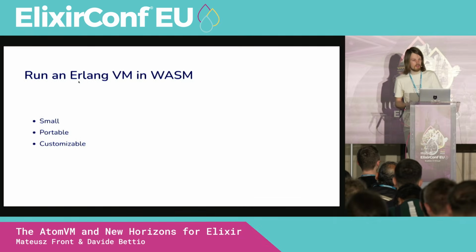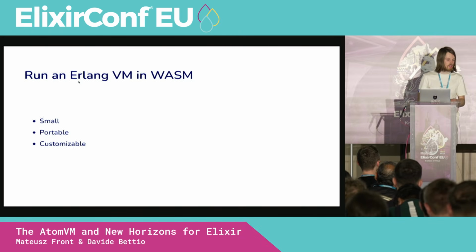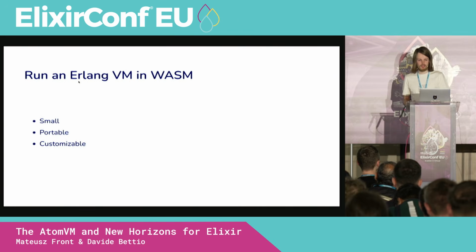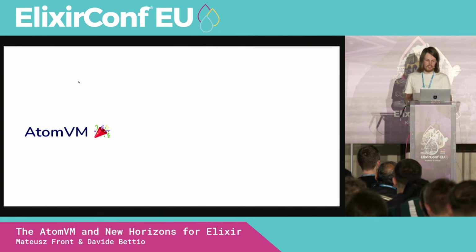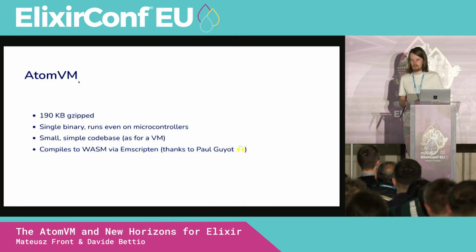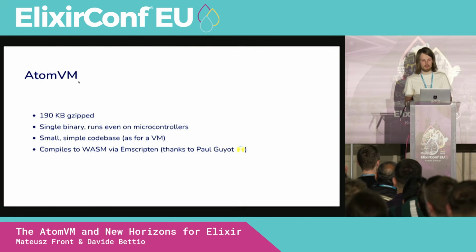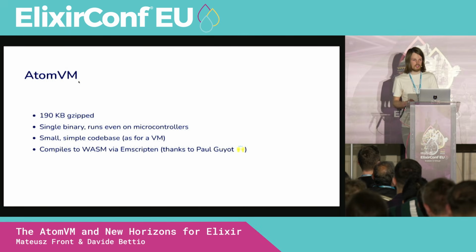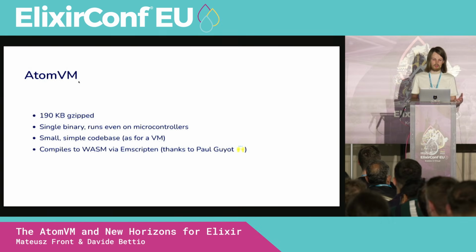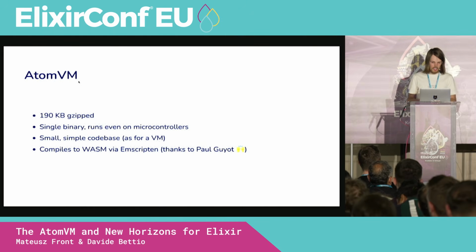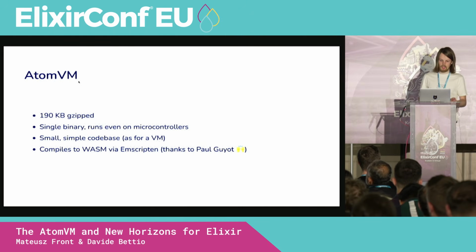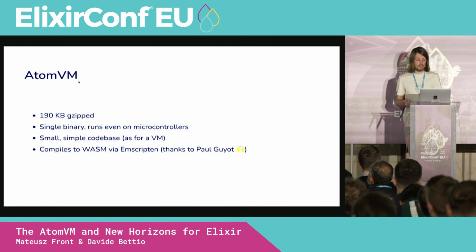Fortunately, we have an Erlang VM implementation that meets these requirements, and you guessed it right, it's AtomVM. AtomVM is very small because when you compile it and gzip it, it's 190 kilobytes. So that's the size the user is going to download to run AtomVM. There's also the code that it needs to run, but it's another story. Also, it's a single binary, runs in very restricted environments.